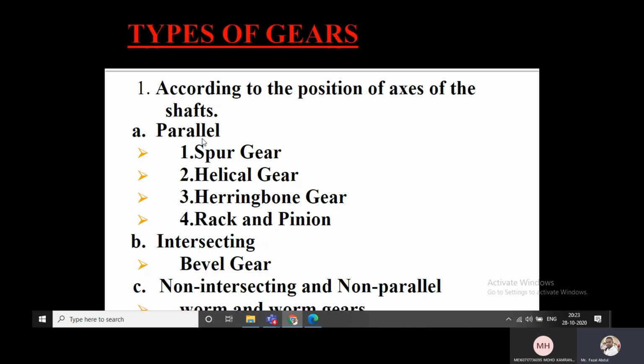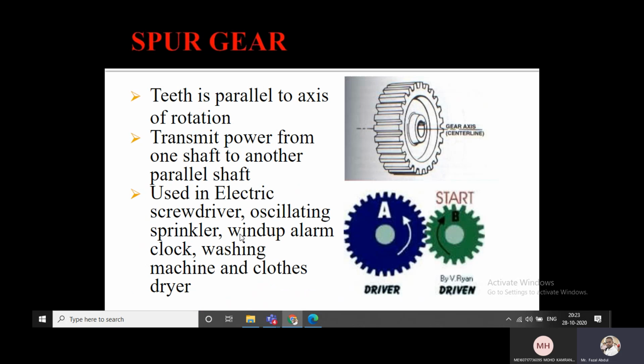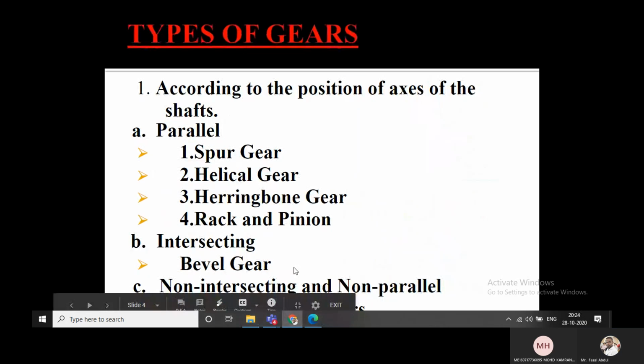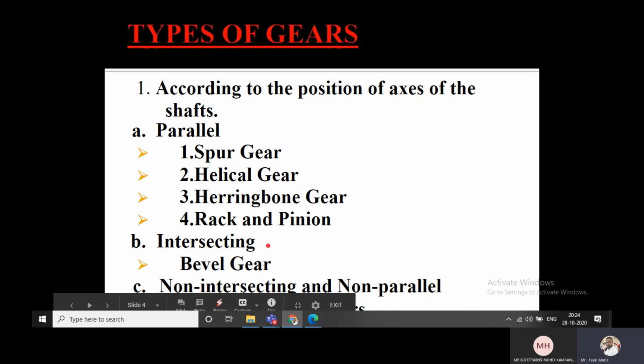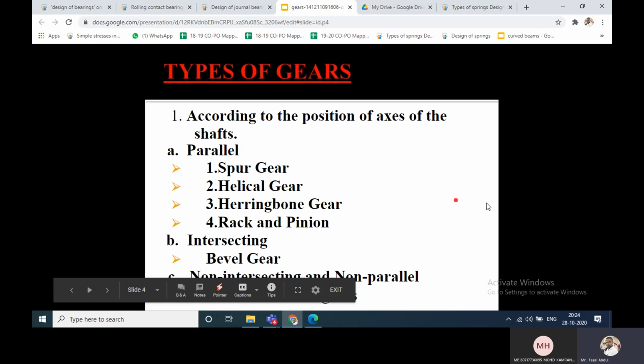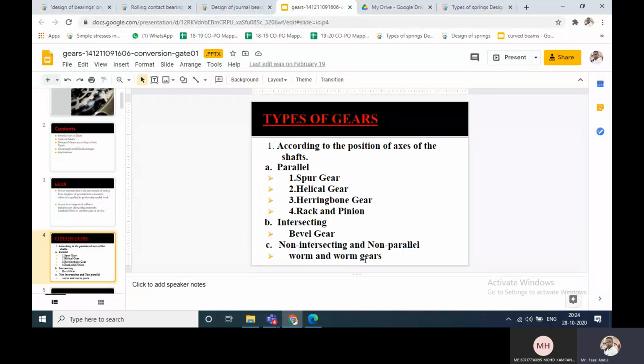If the axes of the two gears are parallel, this is one classification. If the axes of the two gears are intersecting, perpendicular to each other, this is another classification. Another is non-intersecting, non-parallel, which includes worm and worm gears.